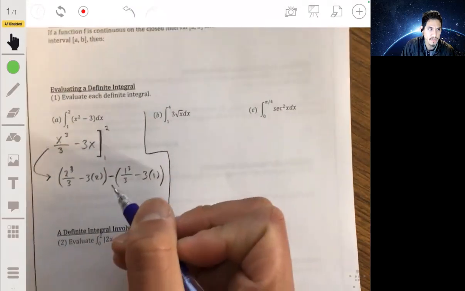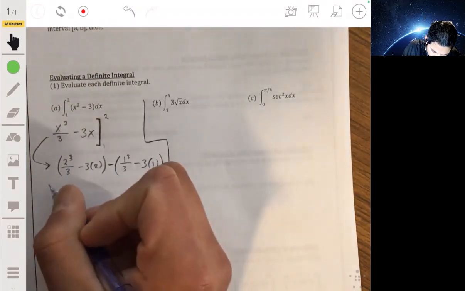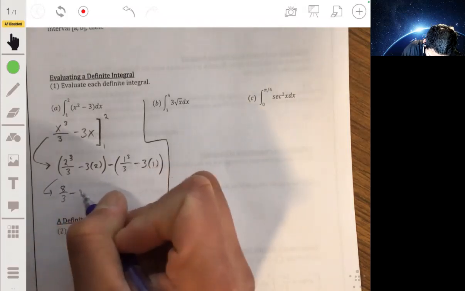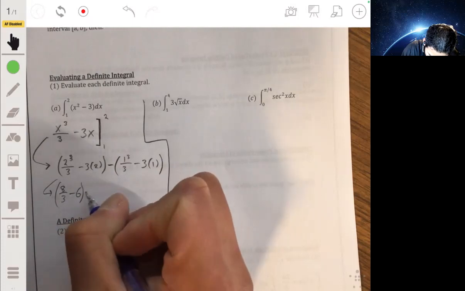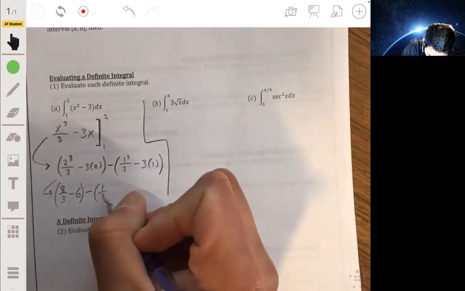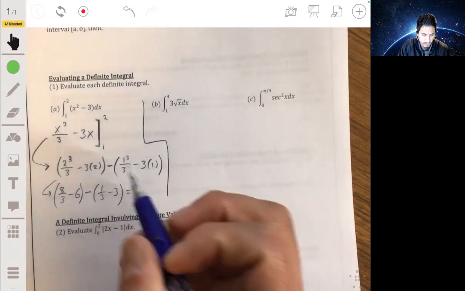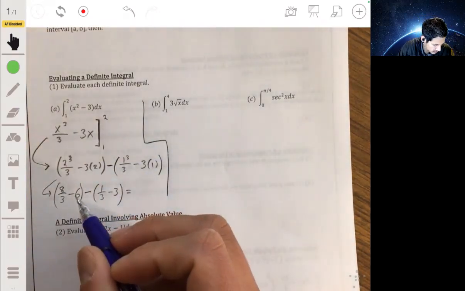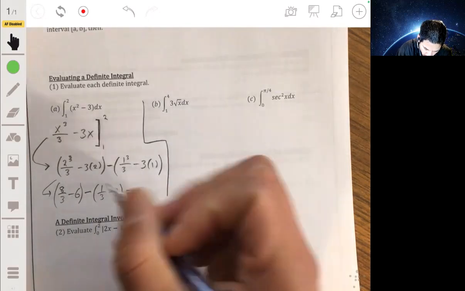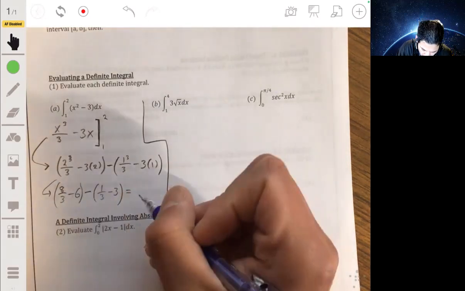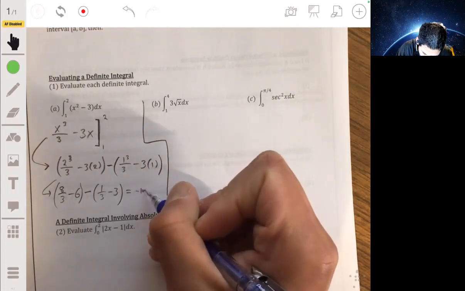And this is just algebra. So this will just be 8/3 minus 6, minus 1/3 minus 3. 8/3 minus 6 minus 1/3. So this will be 8/3 minus 18/3, so this will be negative 10/3.